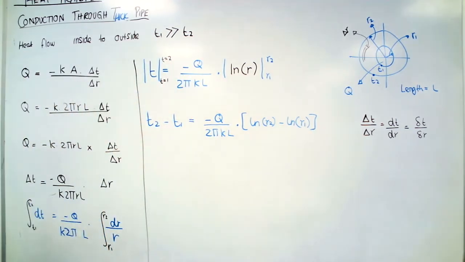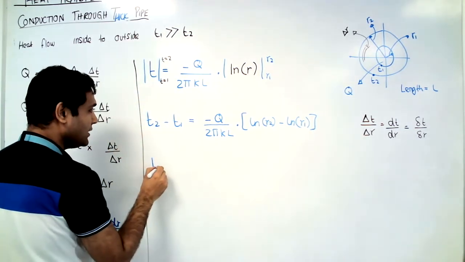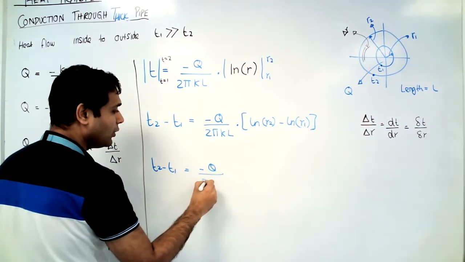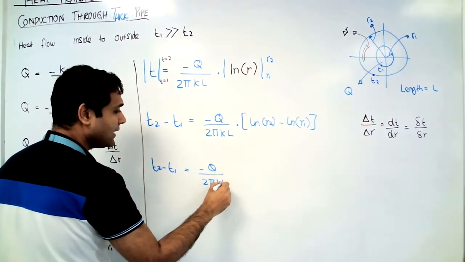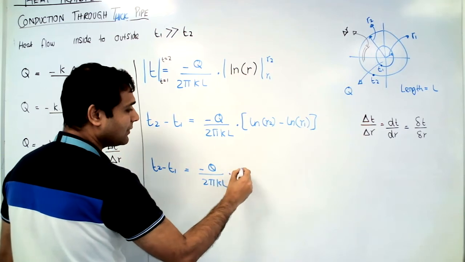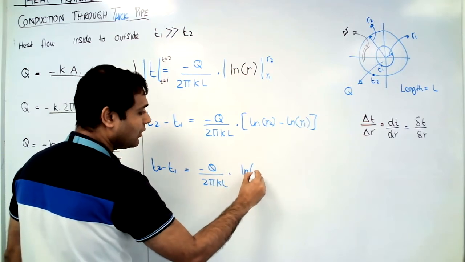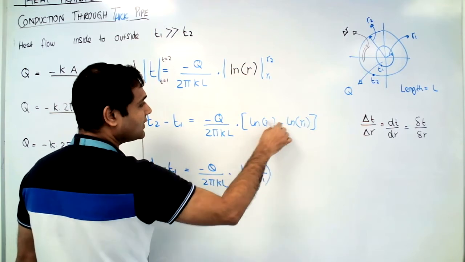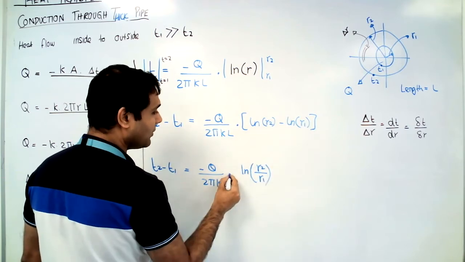There's another way of writing it down. T2 minus T1 equals minus Q over 2 pi KL, and this can be written as ln of R2 over R1. When the logs are subtracting, you can write it in the form of a division.